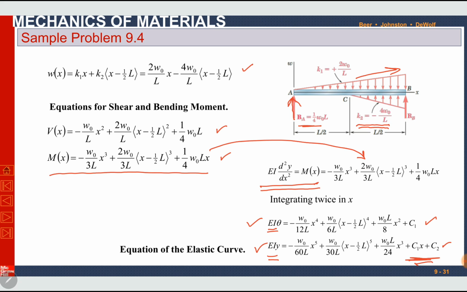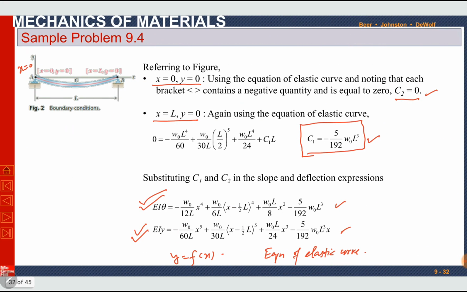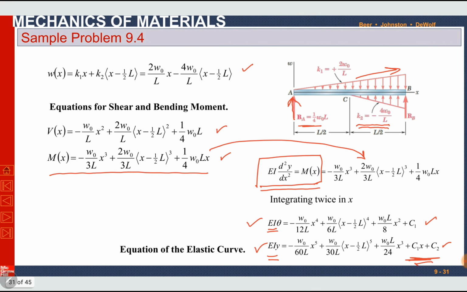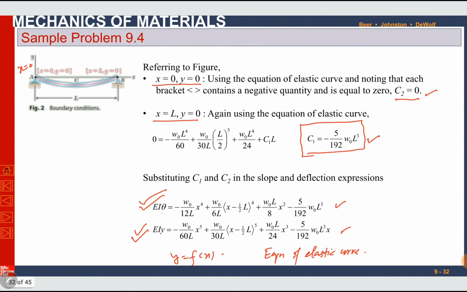This moment function has been inserted into this expression and then integrated twice. We found an expression for theta and y with two unknowns, C1 and C2. These two unknowns have been found using boundary conditions of x equal to 0 and y equal to 0, also x equal to L and y equal to 0. C1 and C2 are known. They have been substituted into the expressions for theta and y. We have found general expressions for slope and deflection. This expression for deflection is the equation of elastic curve.